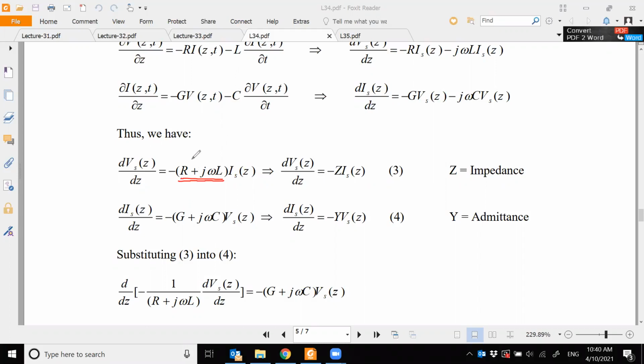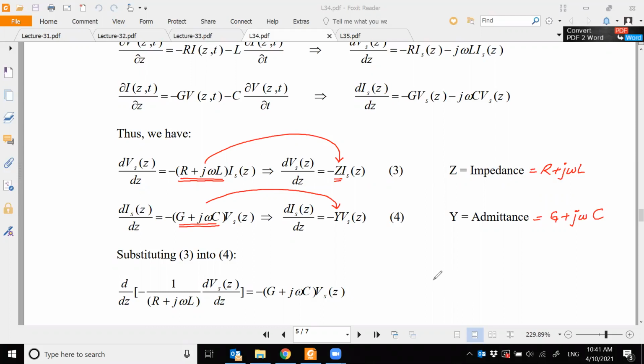Yes, what is it called? Impedance. It's called the impedance, which is R plus j omega L. And what is G plus j omega C? It is called admittance. So I am replacing it with its notation Y, which is G plus j omega C.